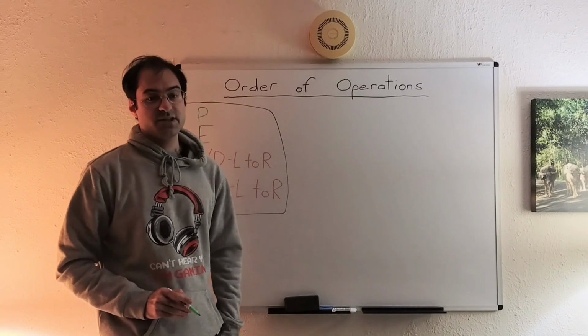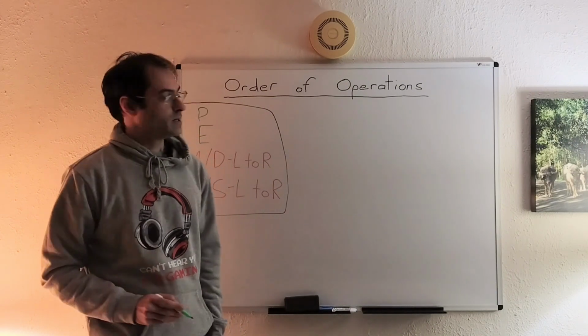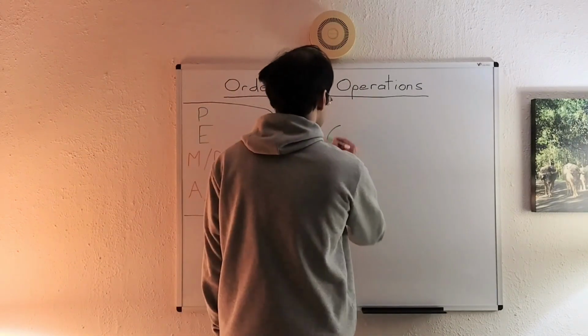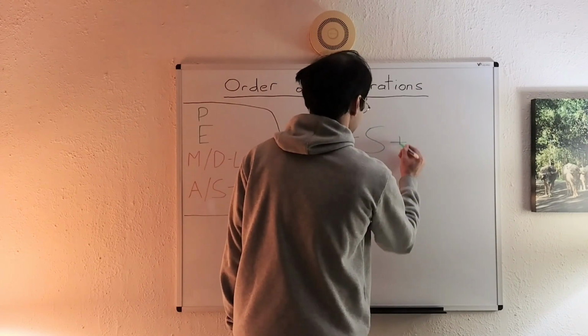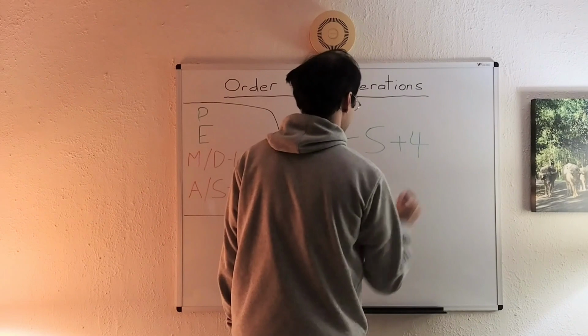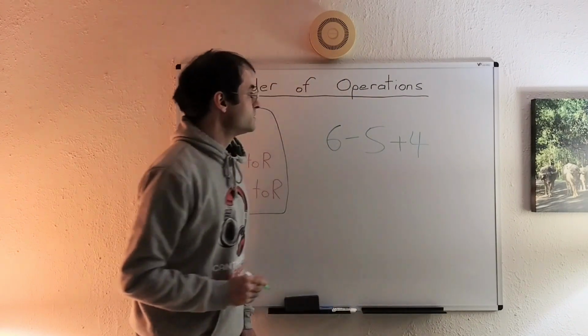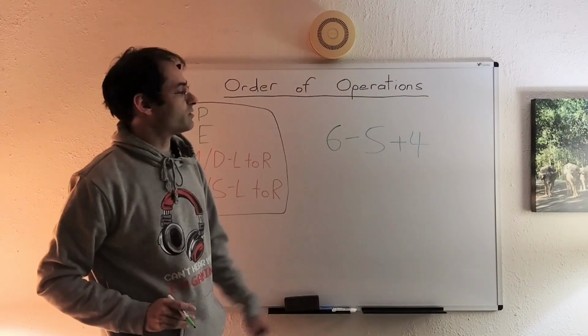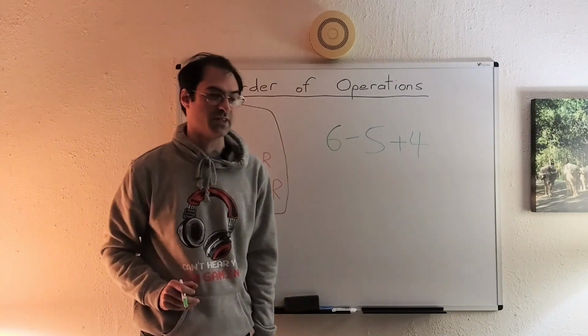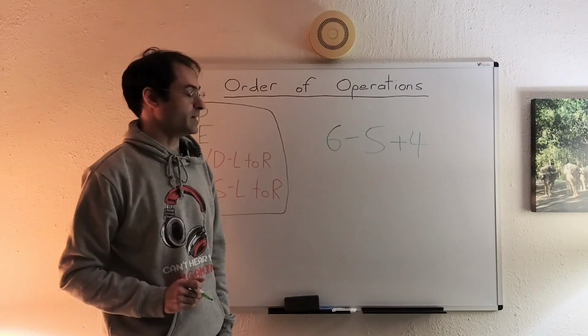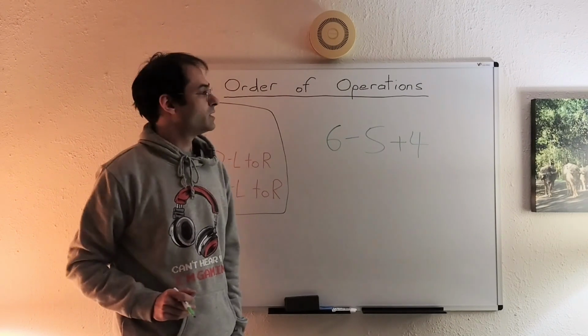Finally, why do we do addition and subtraction left to right? Say we had 6 minus 5 plus 4. Of course, this is equal to 6 plus a negative 5 plus 4. And then again, with everything being addition, it doesn't matter which order we move in.